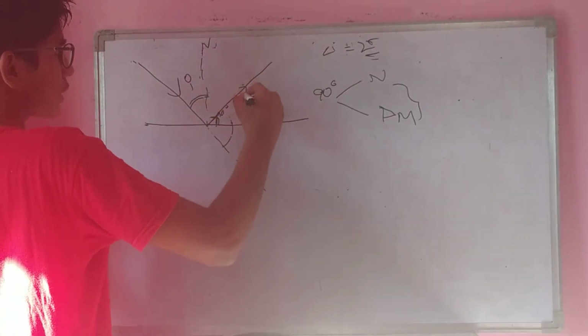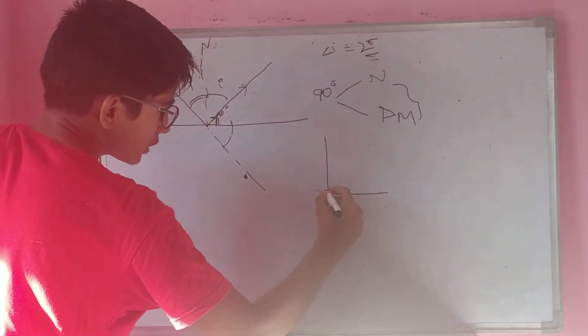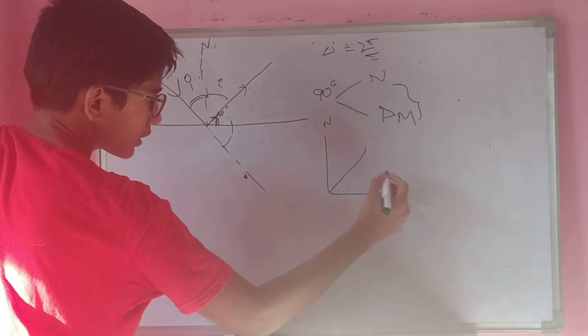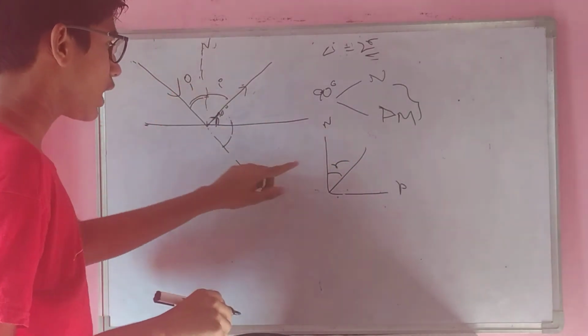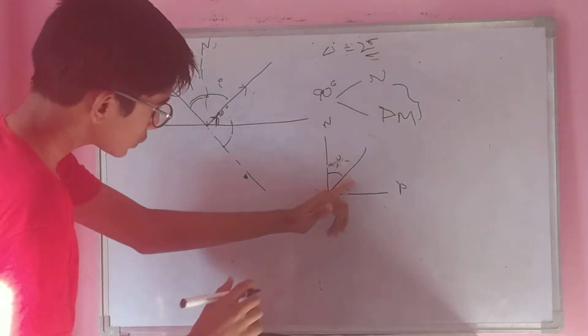Now this is the reflected ray and this is I. This is the normal, this is the plane mirror, and this is R, which is also I. Now this angle is what?